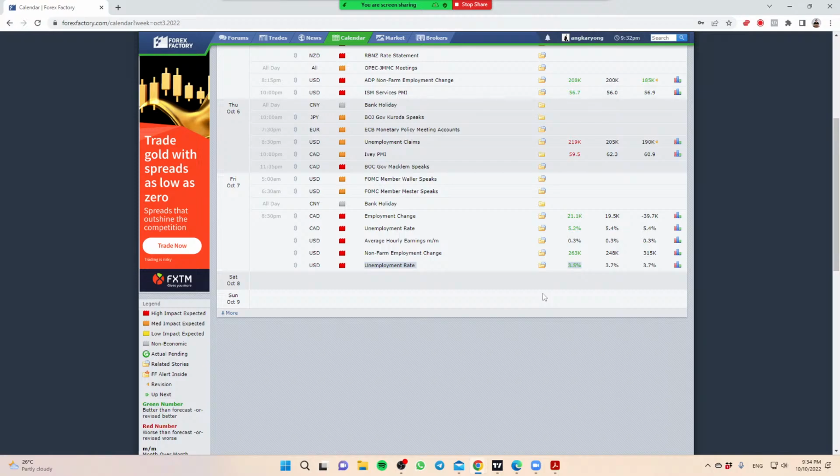Naturally we would expect that things are not going to look good. The unemployment rate was expected to stay at 3.7, but last Friday's data came in at 3.5. Not much of an impact on the dollar. However, it does give a little bit of a surprise element, because it seems the labor market is still rather resilient.